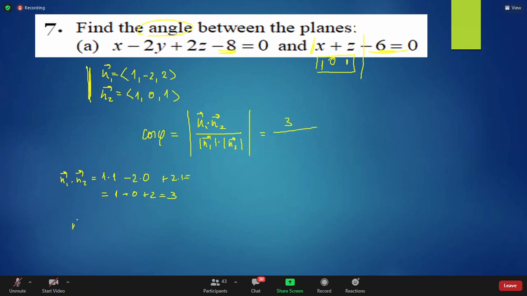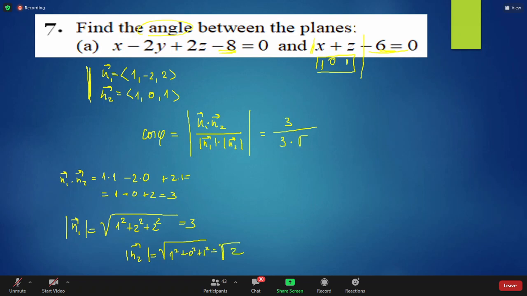The magnitude of the first vector, square root of 1 square plus 2 square plus 2 square, that would be 9. That's 3. Okay, 3 times, and for n2, we have square root of 1 square plus 0 square plus 1 square. That is square root of 2.